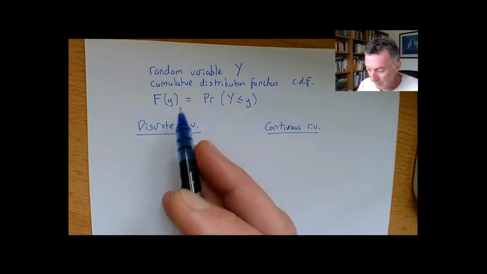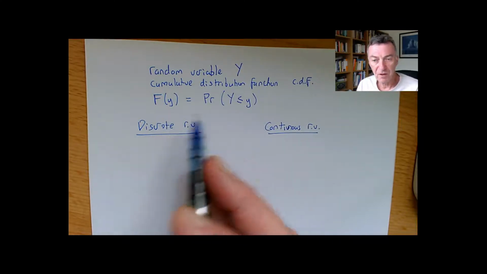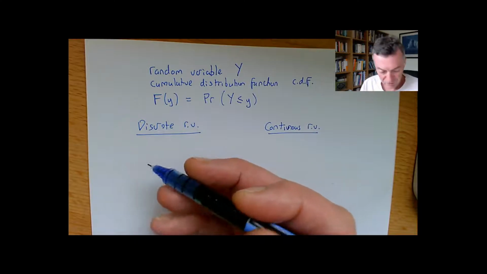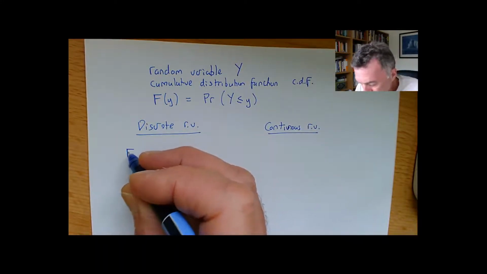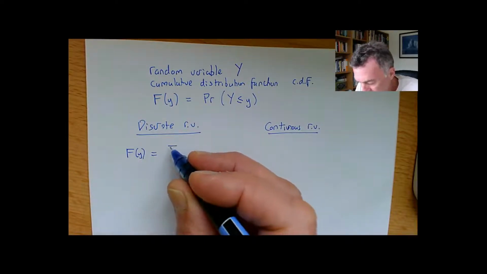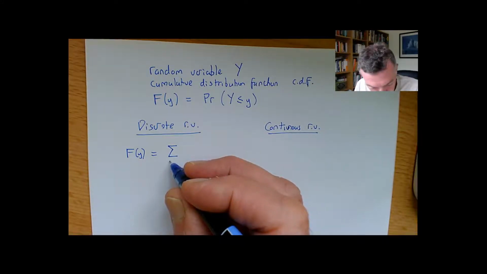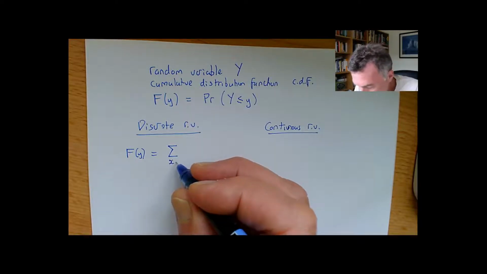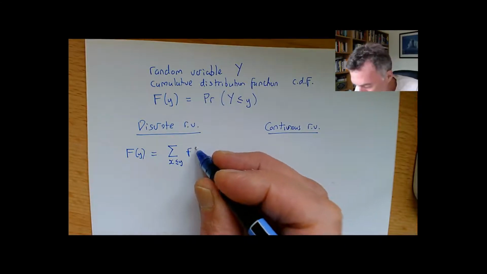So can we then write this cumulative distribution function for these sorts of things? For the discrete random variable, we can write F of y as the sum over x less than or equal to y of little f of x.